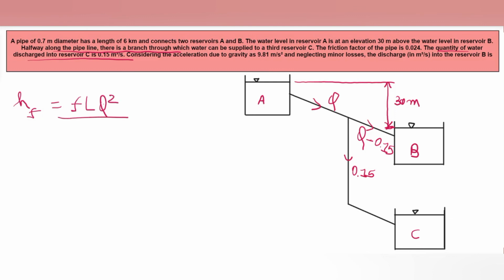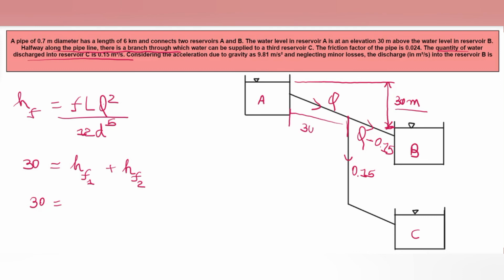Here also we are having the friction factor. From A to B we'll be having two frictional losses. Therefore we'll write that HF is equal to HF1 plus HF2. And what is HF? It is the difference in the water level between A and B, which is 30 meter. Therefore we'll write 30 is equal to HF1 plus HF2. 30 equal to f dash is given to us, which is 0.024.